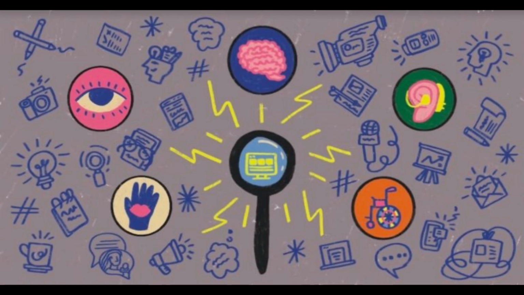This model posits that society should create structures that can accommodate the full diversity of human needs.